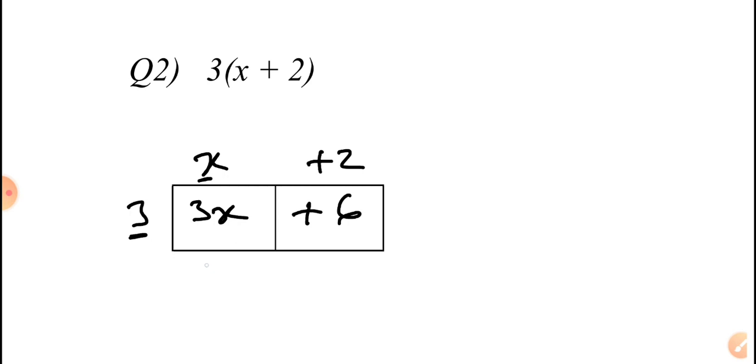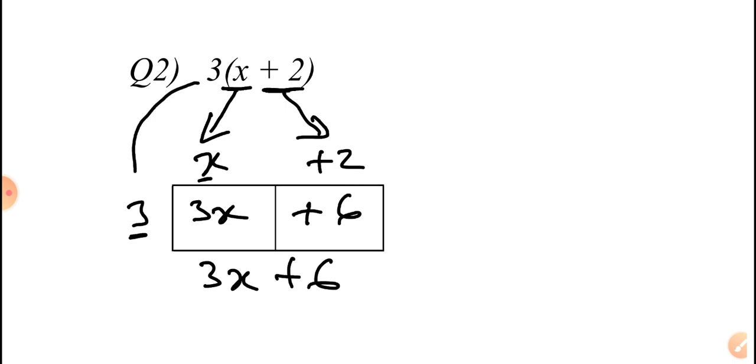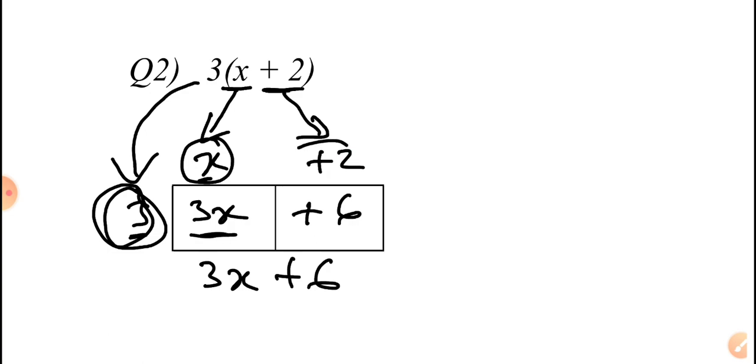So the answer is 3x plus 6. Remember, this x came here, the plus 2 there, and this 3 came here. Then I did 3 times x to get 3x, and then I did 3 times plus 2 to get plus 6.